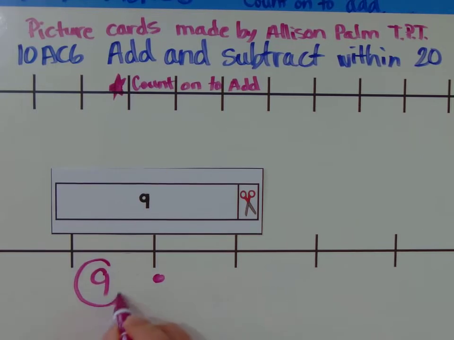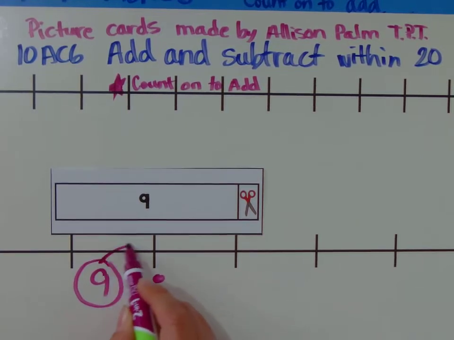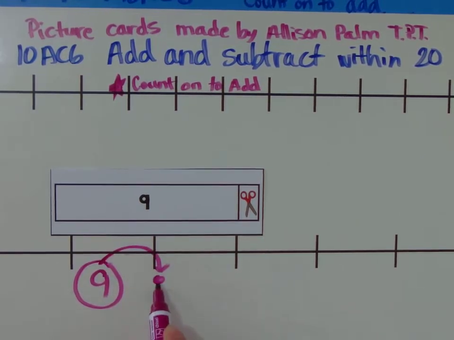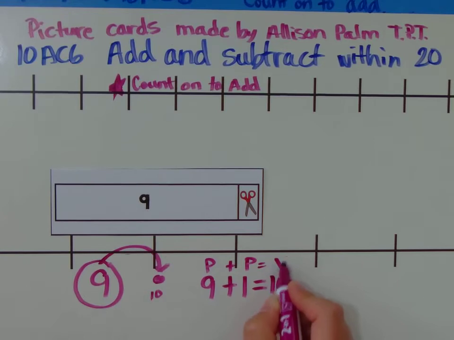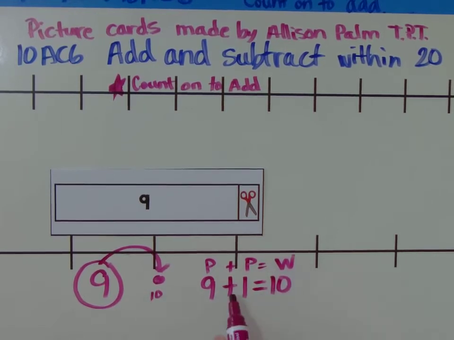So circle your 9. Draw an arrow to count on. 9, count on. 10. 9 plus 1 equals 10. 9 is a part, 1 is a part, and 10 is the whole.